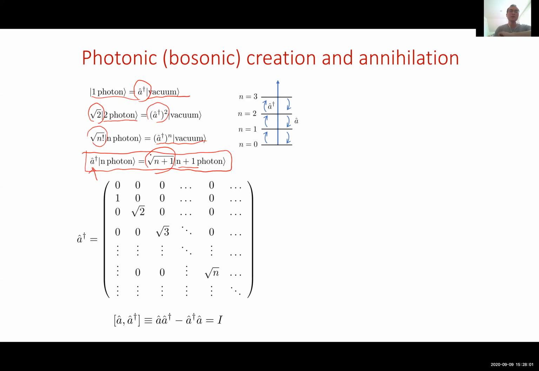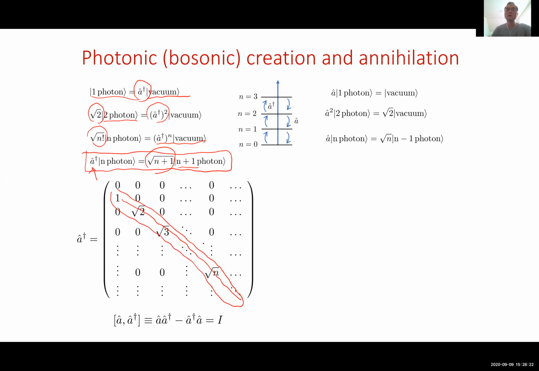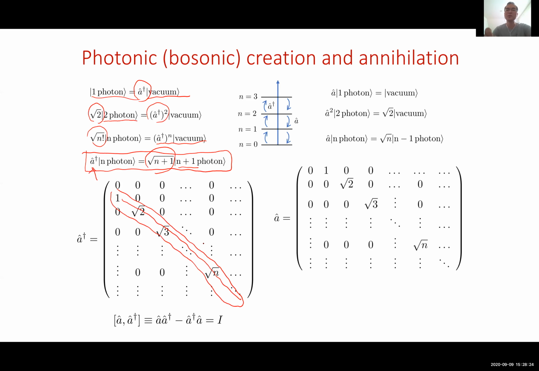If you want to represent this in terms of a matrix, this would be an off-diagonal matrix, with just one off-diagonal that has these coefficients: 1, square root of 2, etc. And the lowering operator is basically its Hermitian conjugate.